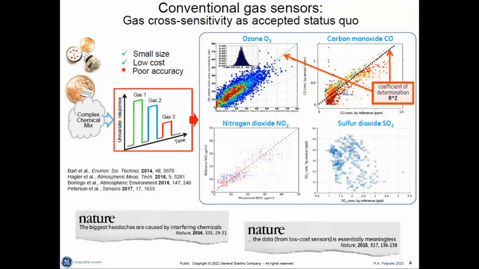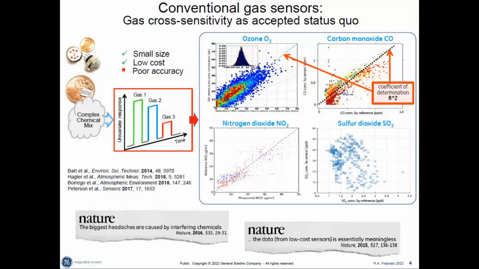Now, these are the correlation lines, and these are the gases from the previous slide. You see these examples, and many publications also saying, look at my R squared. It's not very close to 1.0. Okay? They're not very close. Why?